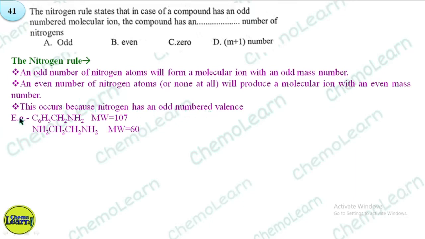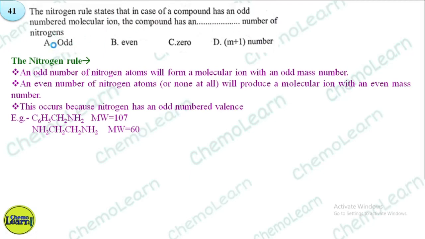Two examples are also given. In the first example, we have one nitrogen atom, an odd number of nitrogen atoms, having molecular weight 107, an odd value. In the second case, we have NH2CH2CH2NH2. Two nitrogen atoms are there, so the molecular weight is 60, an even value. So the nitrogen rule states that a compound that has an odd numbered molecular ion, that means odd molecular mass, has an odd number of nitrogen.